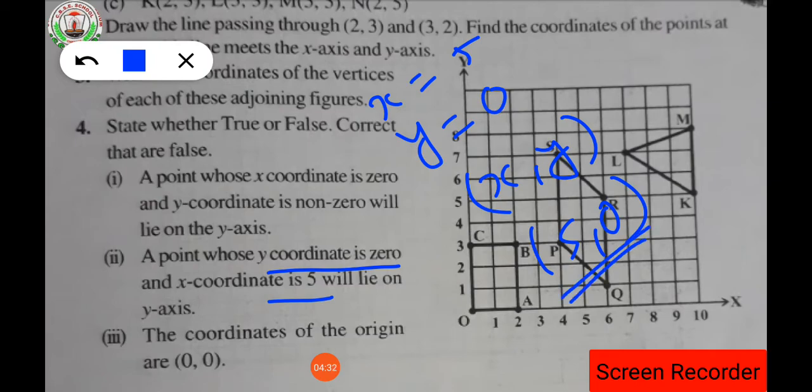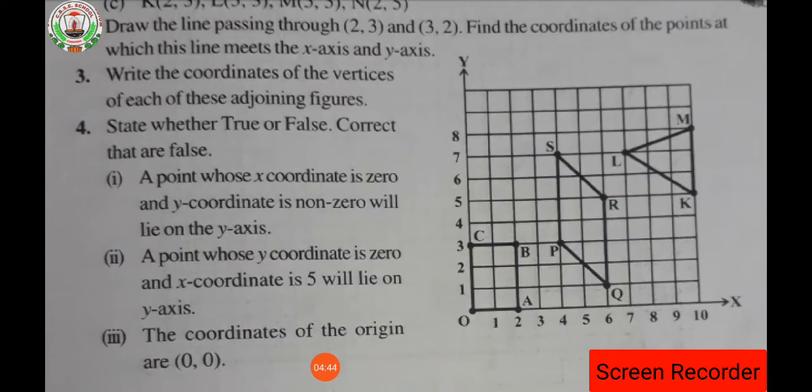Now will these coordinates lie on the y-axis? Remember students, on the y-axis the value of x is 0. Here the value of y is 0, so it is a false statement. Clear? Then the third: the coordinates of the origin are (0, 0). Is it true? Yes, it is true.